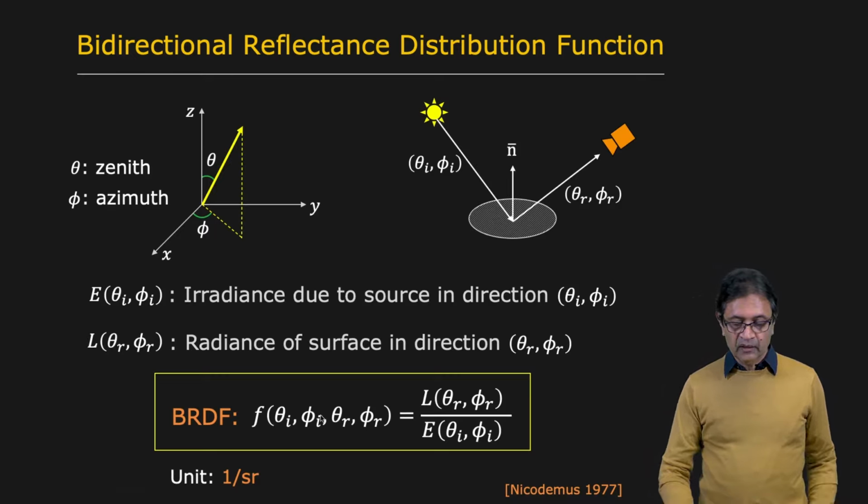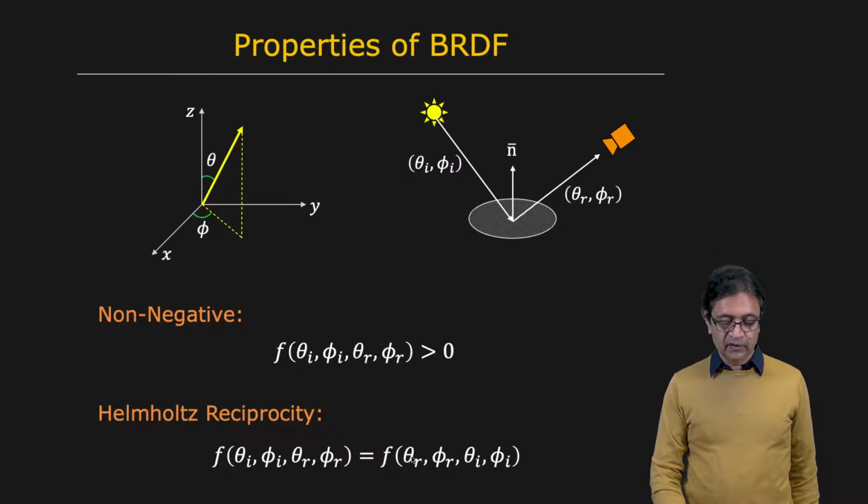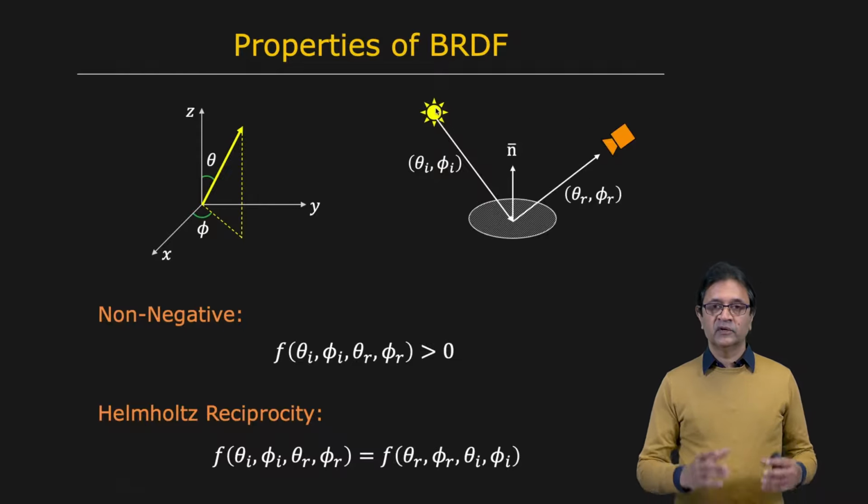More interesting is the Helmholtz reciprocity, which simply says that you can flip the illumination direction and the reflectance direction, and you get the same BRDF. So in other words, if you flip the camera and the light source, as far as the surface is concerned, it has the same BRDF.